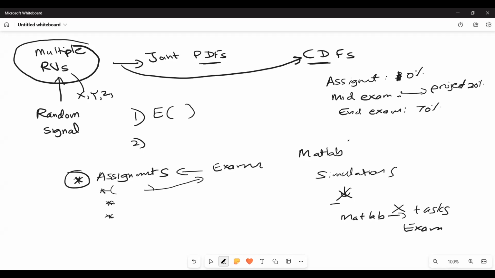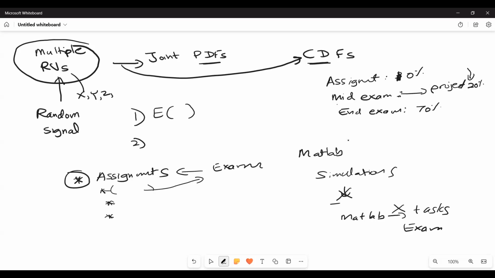If I'm going to go strictly with a mid exam, then its percentage is going to be higher than 20%. But most of the time, since students are requesting me to do the mid exam multiple times, I will give you an assignment or project or some kind of thing that you can do over a long duration, and then it will be evaluated.